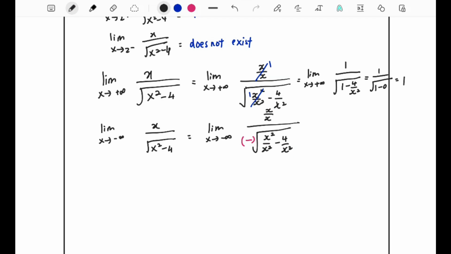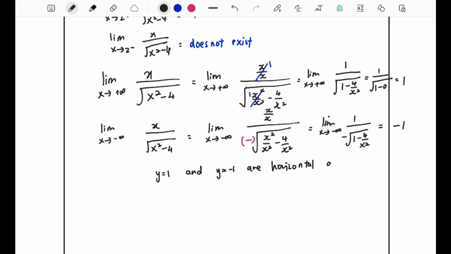And for the upper part, divide by x. So the simplified version is 1 over negative 1 minus 4 over x squared. When we substitute, you're going to get negative 1. And then make the conclusion: y equals 1 and y equals negative 1 are horizontal asymptotes.